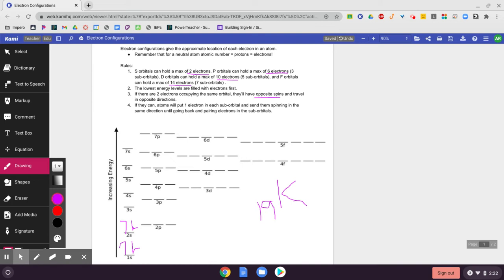Moving up the diagram, the next energy level is 2p. And this is where that rule about filling in and sending them spinning in the same direction ties in. Because instead of putting the next two right together like this, instead, what happens is that it fills like this.